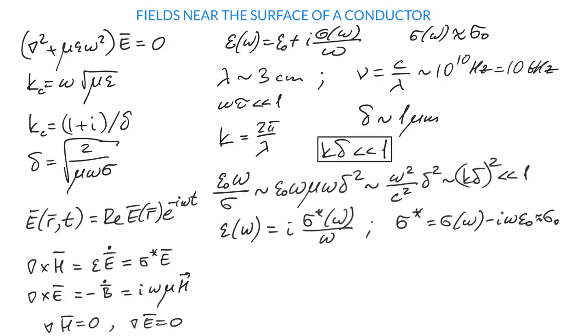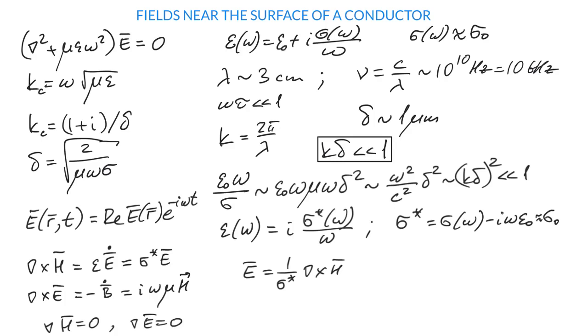So first, let's look at the first of Maxwell's equations and see what we can find about the electric field. So in fact, taking the first equation, we can write that E is equal to 1 over sigma star curl of H. There are two kinds of derivatives involved here.